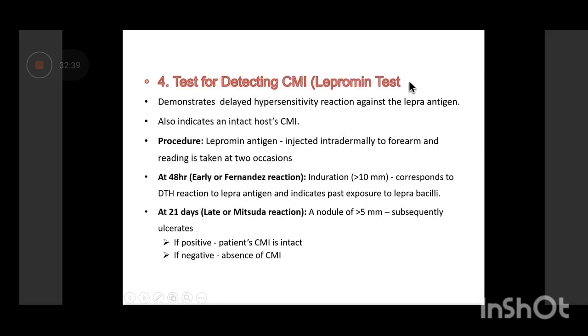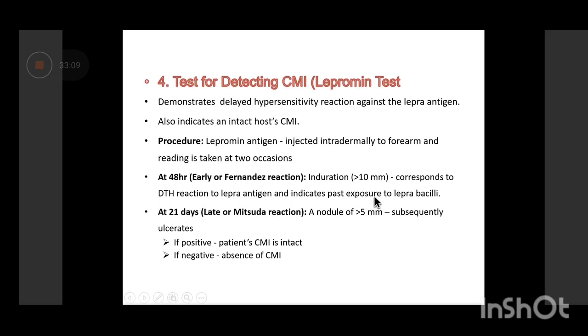Then we can go for the lepromin test. This tests CMI, which is the delayed hypersensitivity response to the lepra antigen, and it indicates intact host CMI. We inject the lepra antigen intradermally, and after 48 hours we read the response, which corresponds to a late-type hypersensitivity reaction to the lepra bacilli.